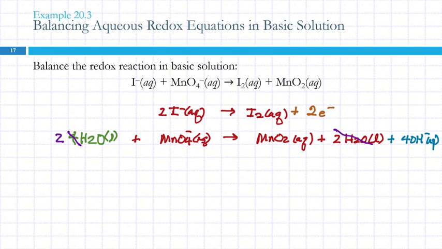Then I'm going to look at my other equation. Well, the waters don't have a charge. From this one, I have a -1. This doesn't have a charge. That one's gone. And over here, I've got -4. So the left side is more positive.